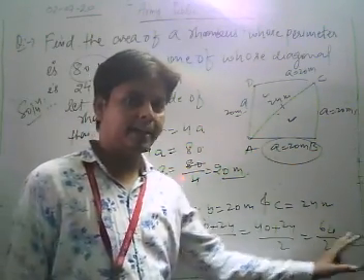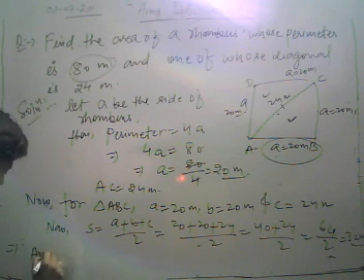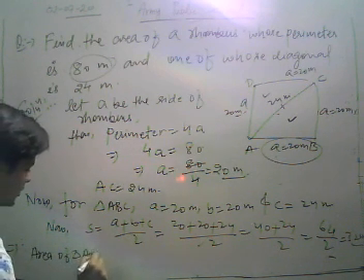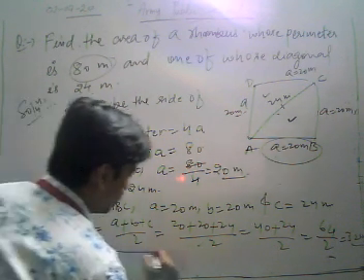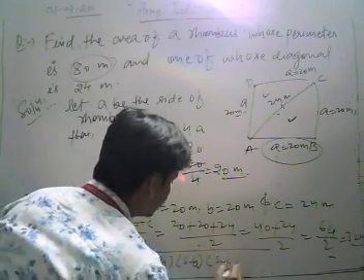Okay, now the area of the triangle ABC, by using the formula, is the square root of s into s minus a into s minus b into s minus c.